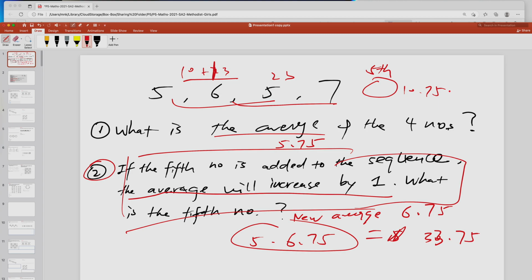So you just times 5, then you get the new total. 这是新的总数. So 新的总数 minus 5, minus 6, minus 5, minus 6. Then you get the fifth number. Because the new total includes the fifth number. Okay. Does it make sense? Yes. That's how you do this, the old average, 旧的, then the new average question.